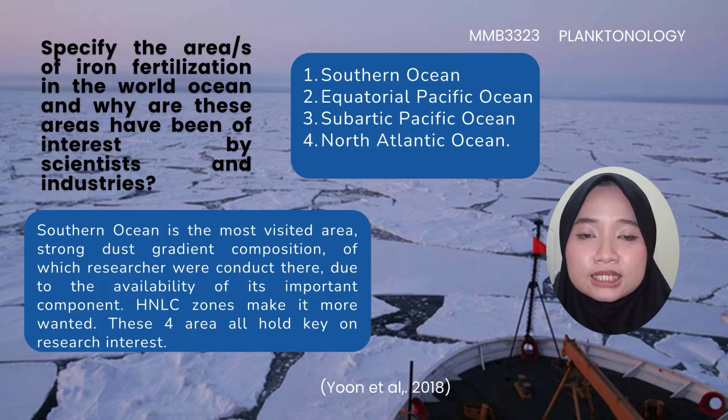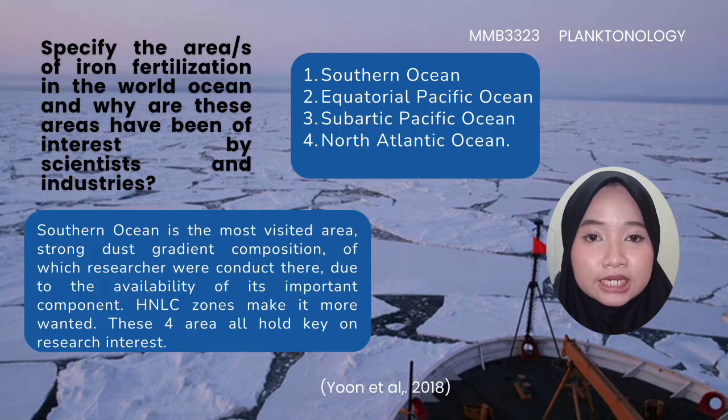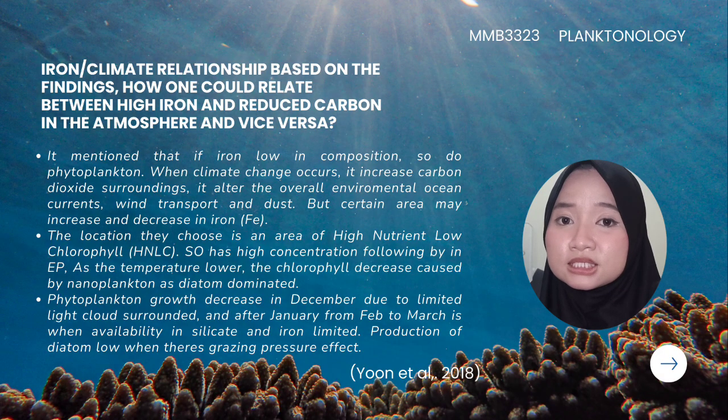These four areas have low iron and are HNLC zones. HNLC is high nutrient and low chlorophyll. Although low in iron, diatoms were most dominant in these 4 areas.